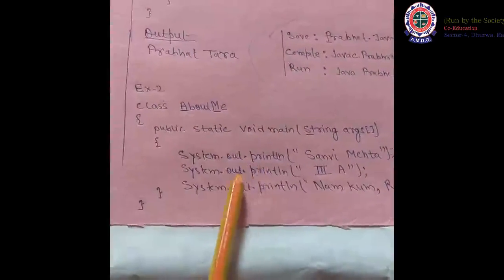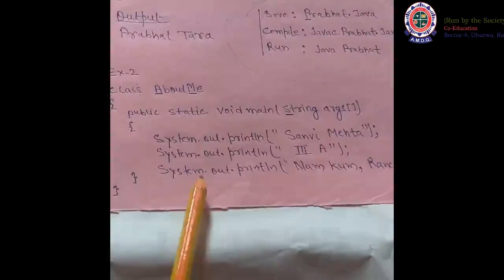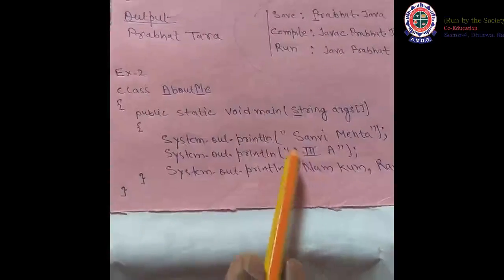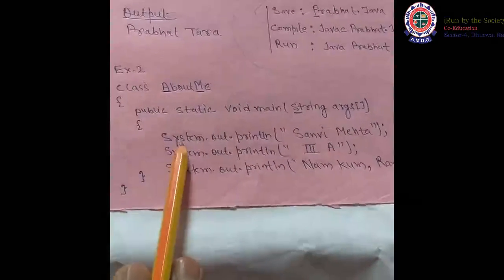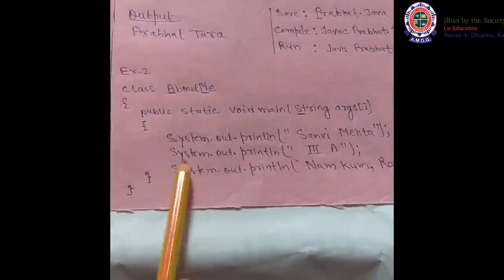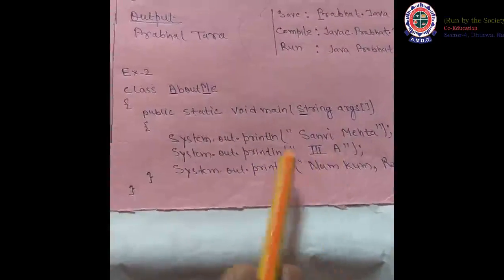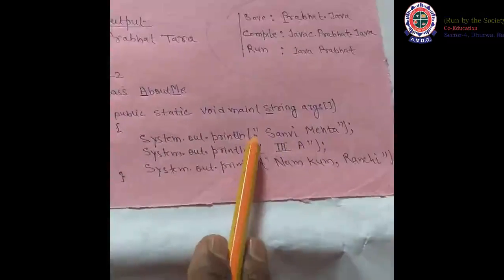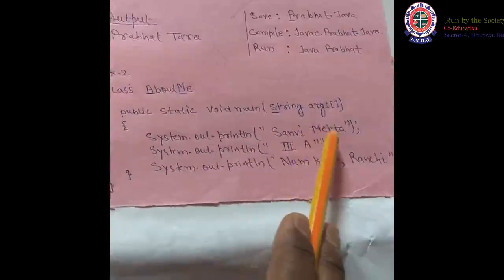Now here we are going to display three messages in three different lines. So here System.out.println Sanvi Mehta, System.out.println 3A, System.out.println Namkum Ranchi. See, it is in double quotes.